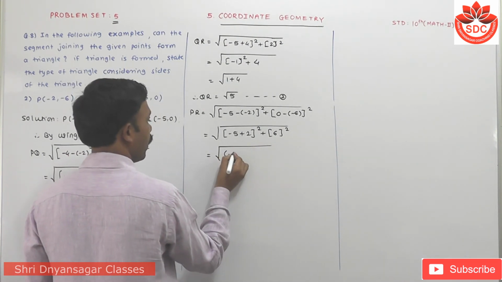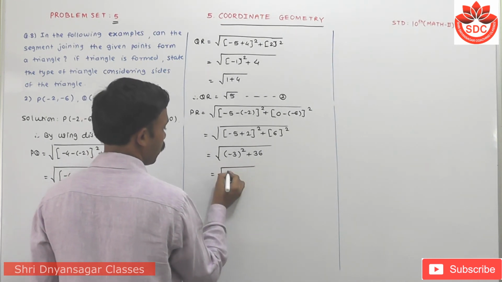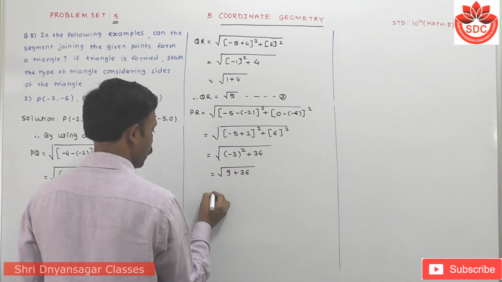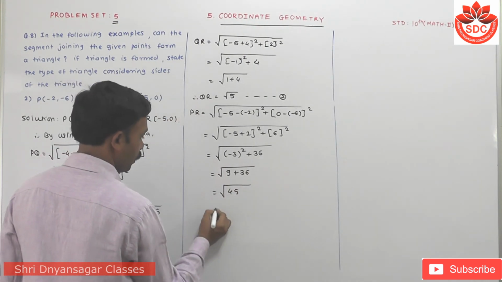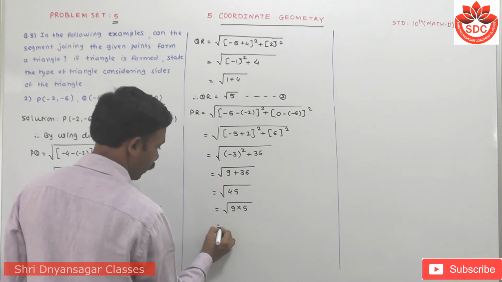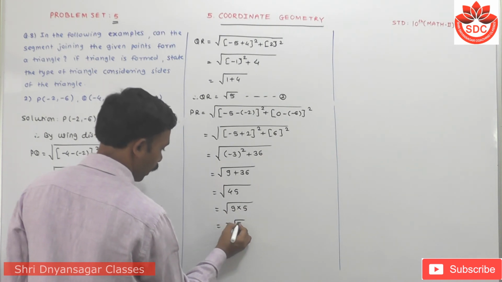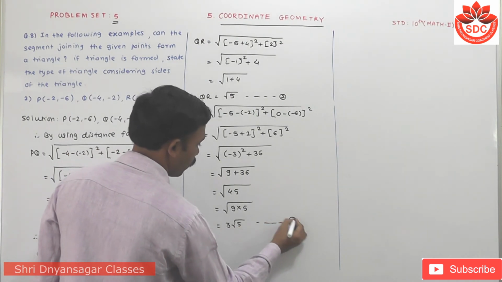This value becomes (-3) squared plus 36. (-3) squared is 9, plus 36. When we add it, this value becomes 45. Then I have to factorize again. 9 times 5 is 45. Then 3 root 5. This is the value of PR. Suppose this is equation number third.